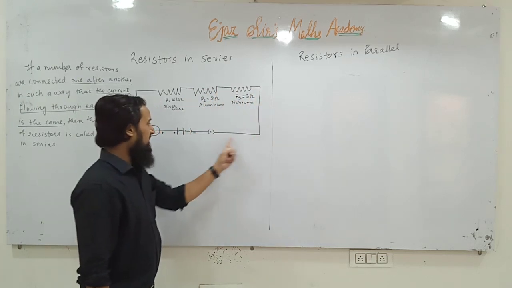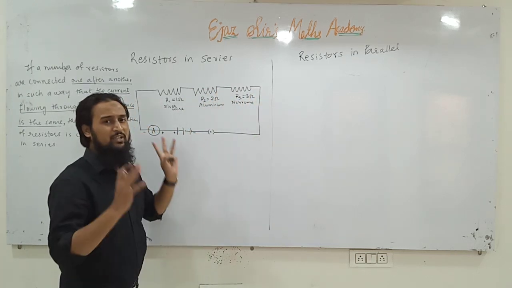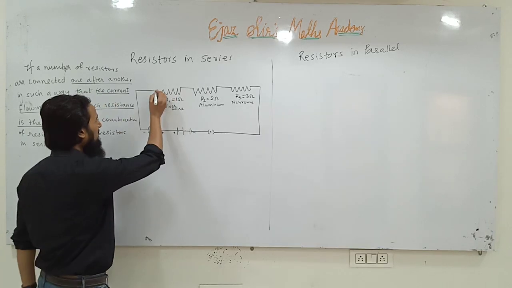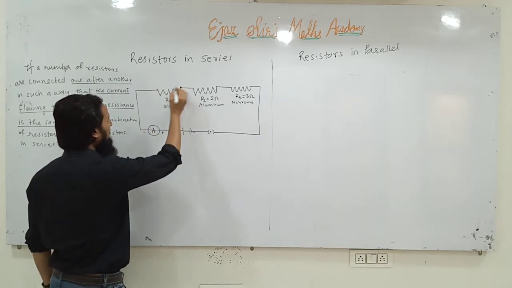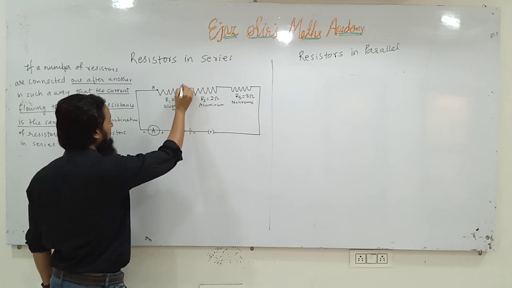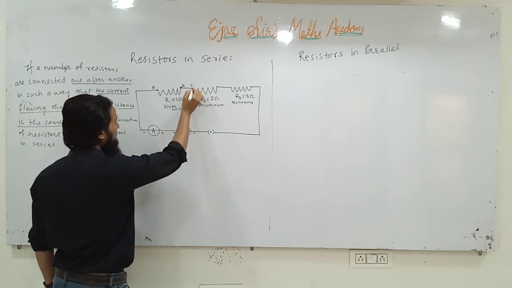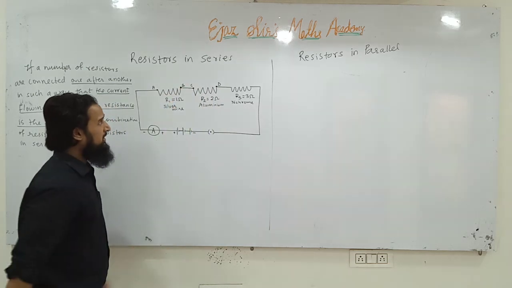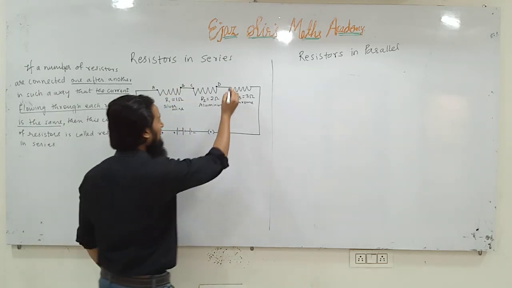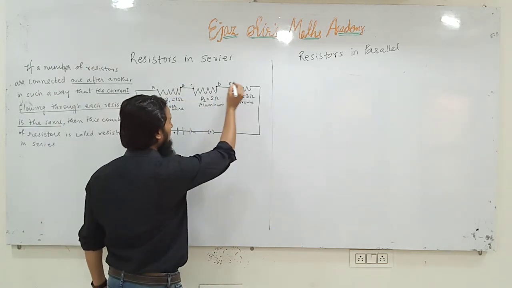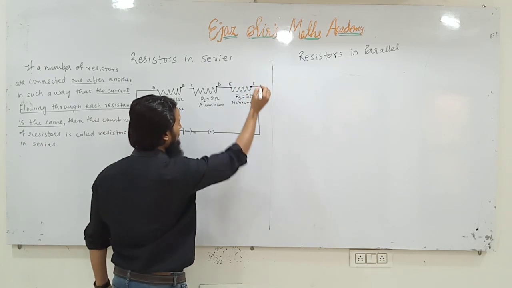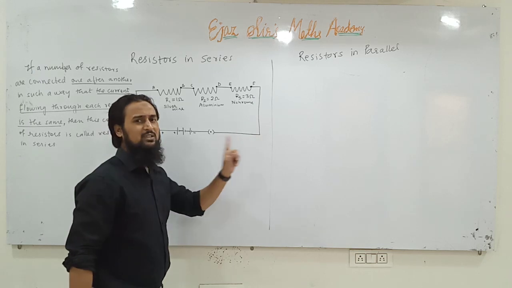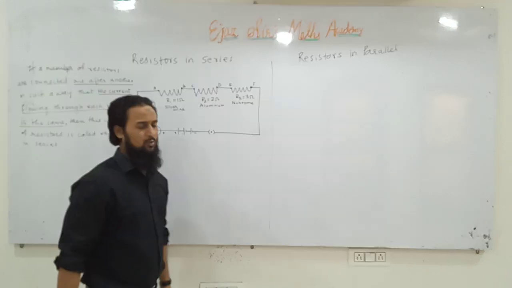We have to believe that the resistance is present only between points A and B, between points C and D. The resistance is present only in wire AB, in wire CD, and in wire EF. Apart from these three pieces of wire, there is no resistance. We have to suppose that the resistance of the connecting wires is 0.